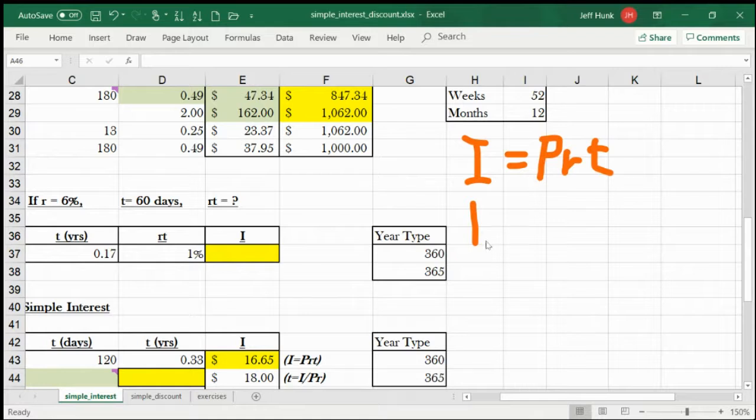If the principal is the unknown, how do you solve for that?